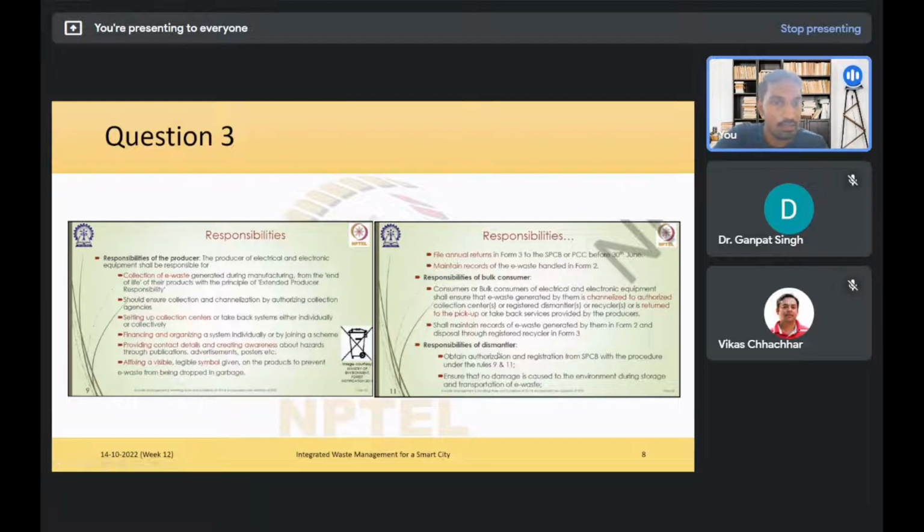And then the dismantlers, again they have to obtain authorization and also register with SPCB. We saw this earlier. All the dismantlers, collection centers, and recyclers have to get this authorization, and also they have to ensure that no damage is caused to the environment during the storage and the transportation.